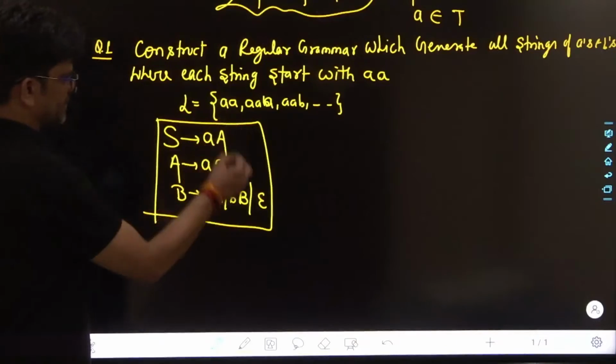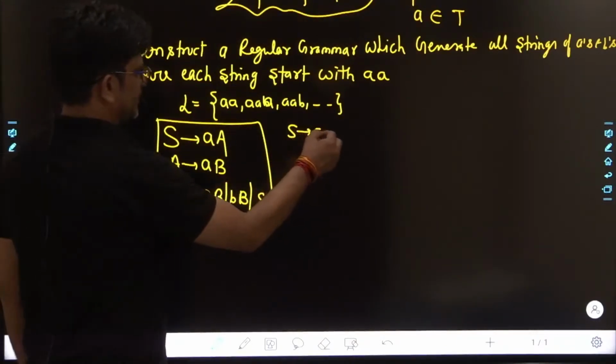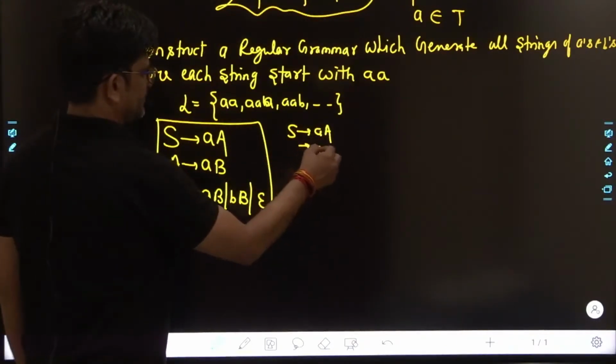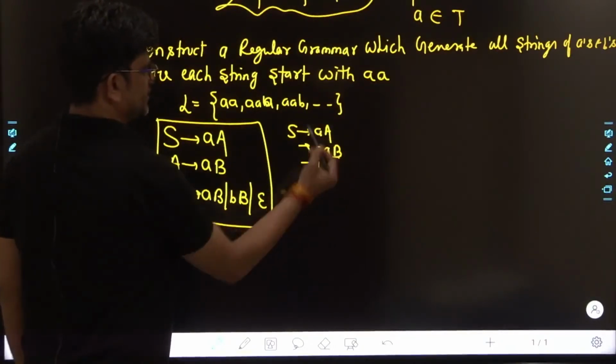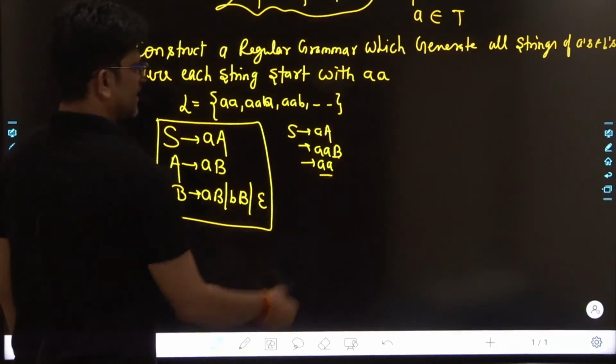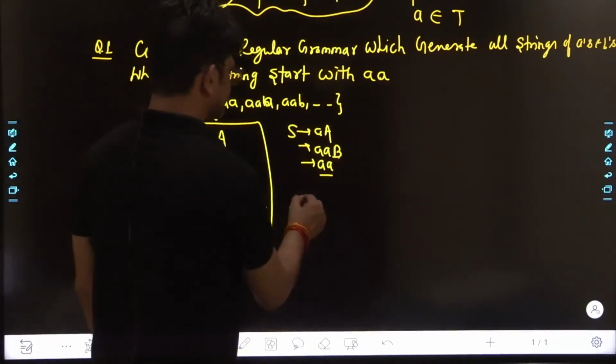So how to generate double a? S determines aA, A determines aB, and put epsilon instead of B. So it generates double a. How does it generate triple a?